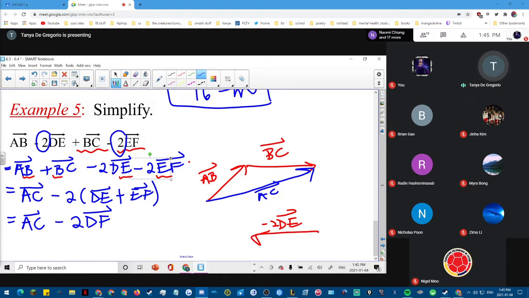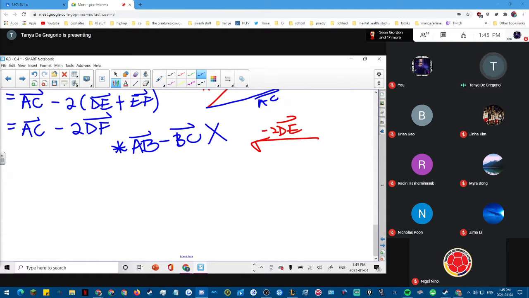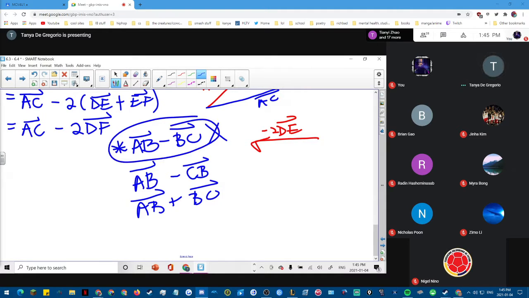Okay, so you can't have this. This is no good. Cannot have this. Okay, so what you can have though is that, because now I can change this. Do you see that? That's okay. This is not. Okay, I hope that makes sense.